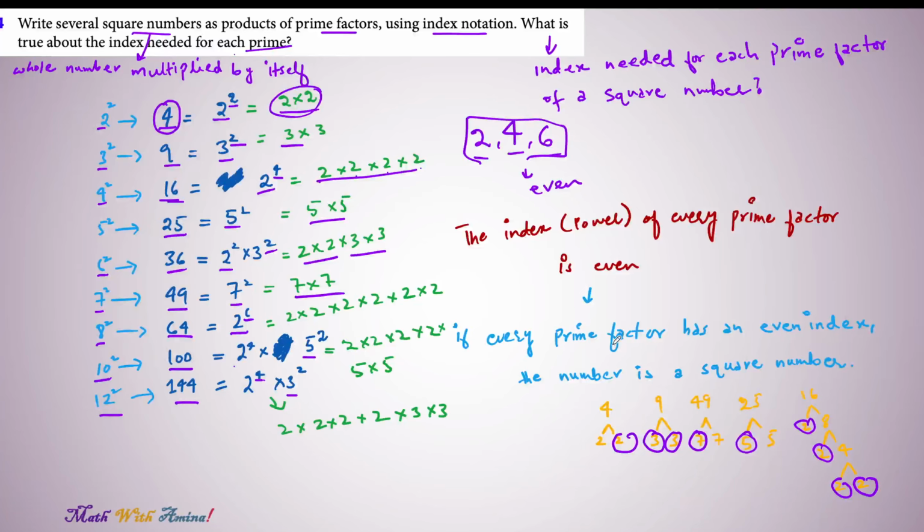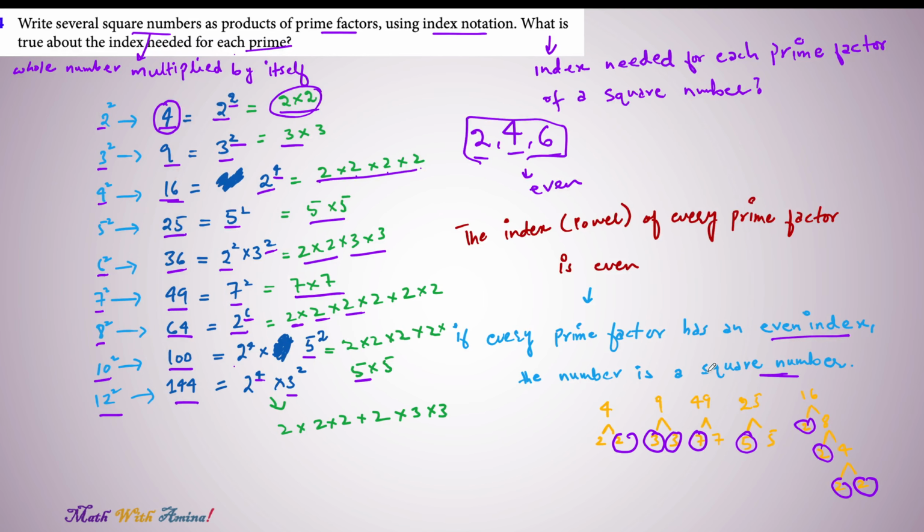If every prime factor, as you can see, this is a prime factor, this is a prime factor, this is a prime factor, has an even index, has a power that is an even number, the number is a square number.